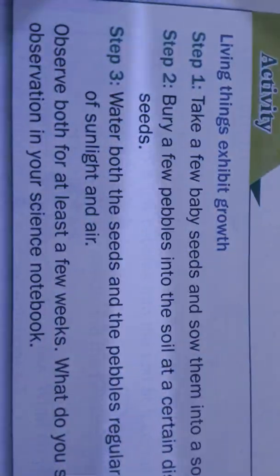And coming to that, a baby seed grows into a plant. See how it comes from a seed. These are the stages of a baby seed growing into a baby plant. And here they have given one activity based on growth. Step 1. Living things exhibit growth.